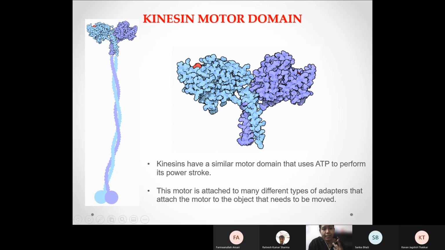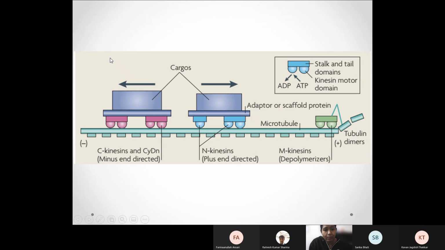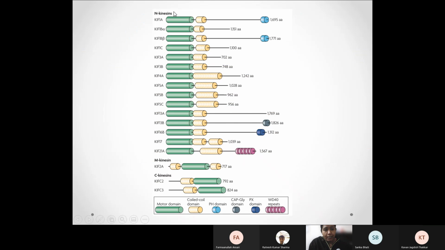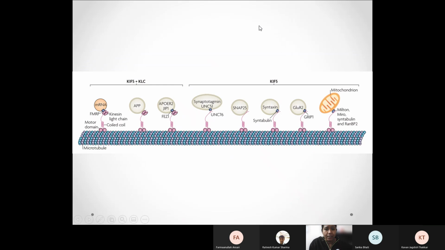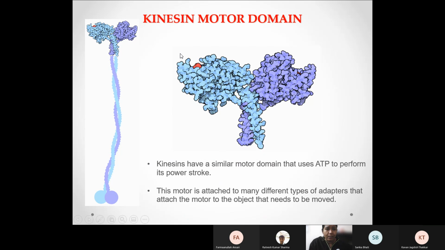So what exactly is in the structure? Let's go back. You see, there is a motor domain, right? And then you have something called a coiled coil domain. And then you have this long stretch of amino acids, and then you have a PH domain. So this here is the motor domain.